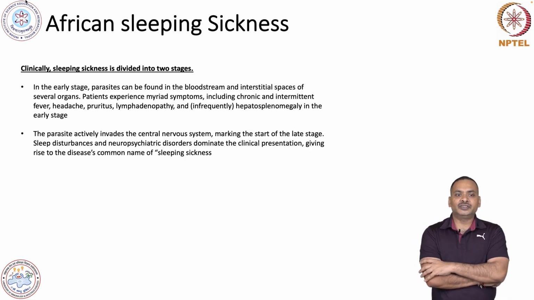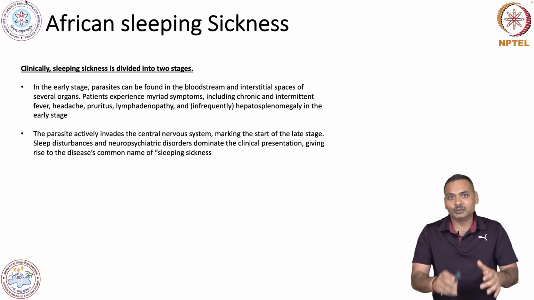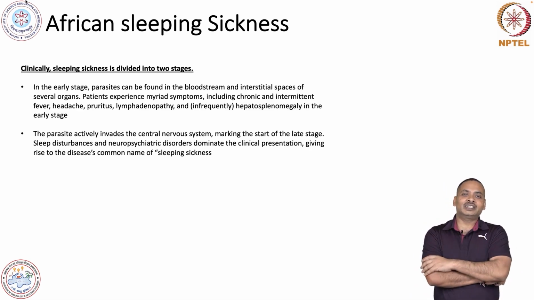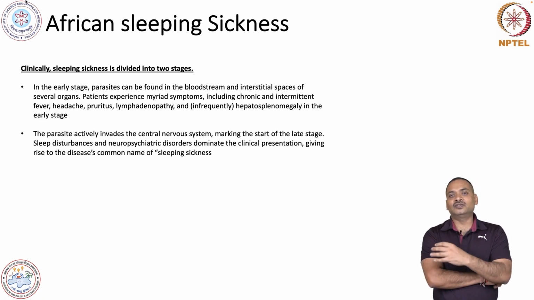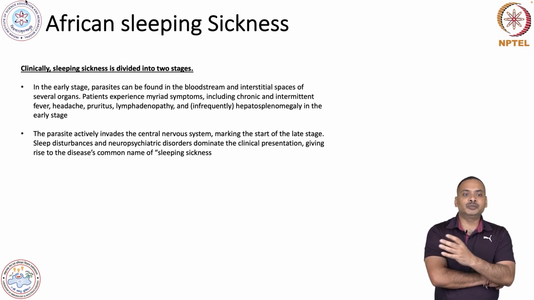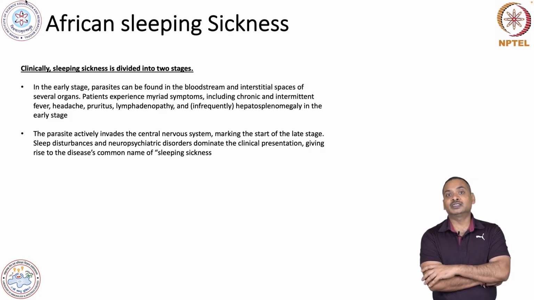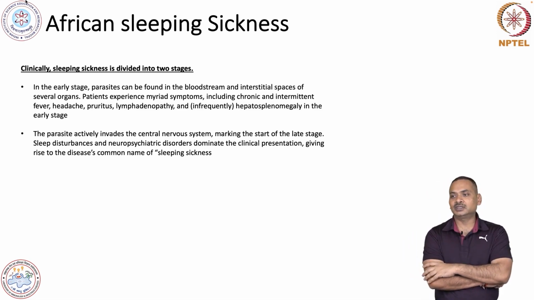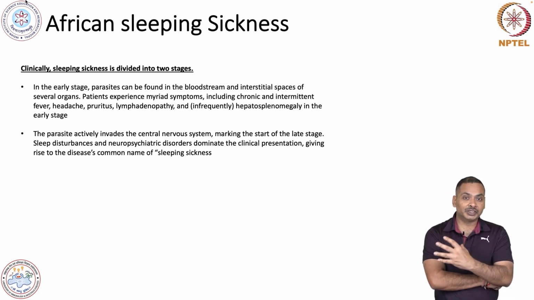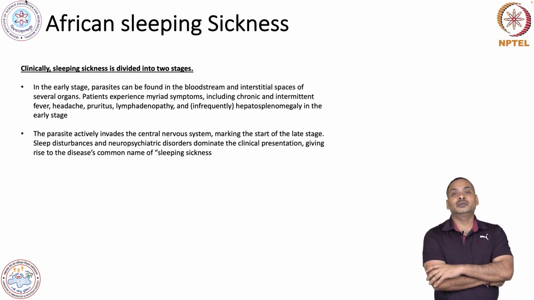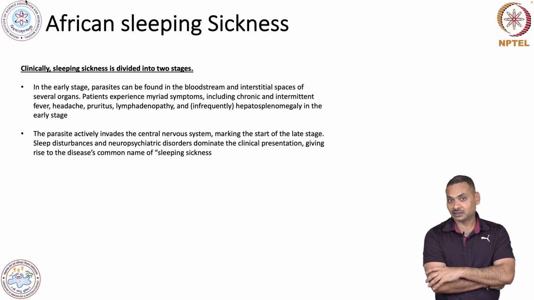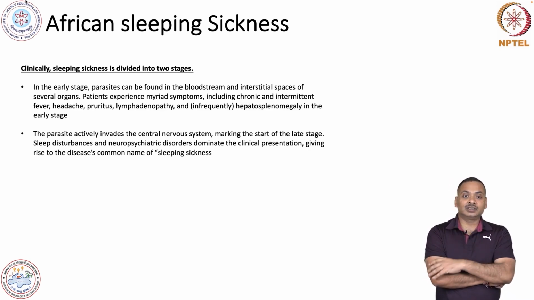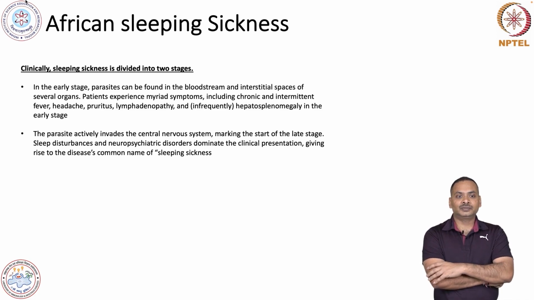Then the parasite actively invades the central nervous system. This is a complicated situation. This marks the start of the late stage, with sleep disturbance and neuropsychiatric disorder. Basically, when they enter the central nervous system, this may cause inflammation of the meninges, which we call meningoencephalitis.